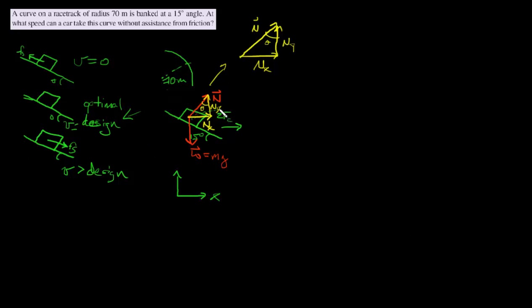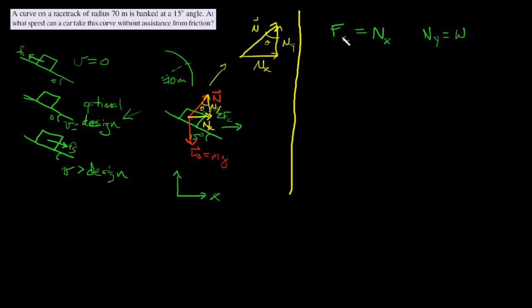Let's just do centripetal force. The centripetal force is all due to n in the x direction. So the normal in the x direction, this piece, that's what's acting here. Now we see also that ny is equal to the weight.